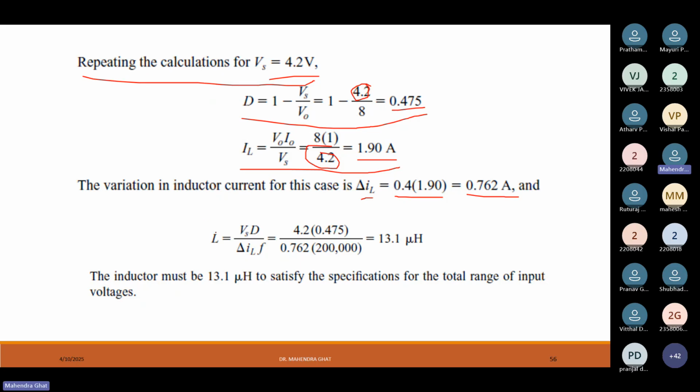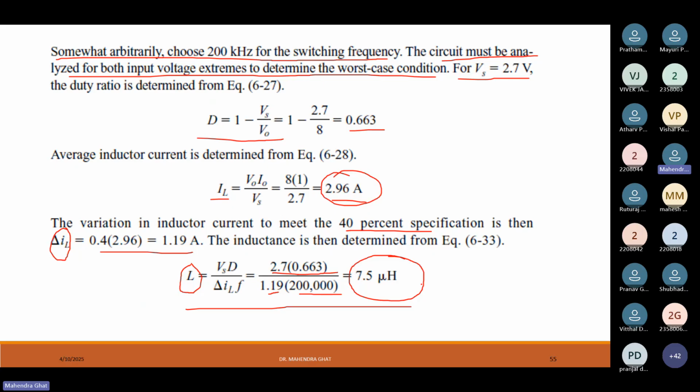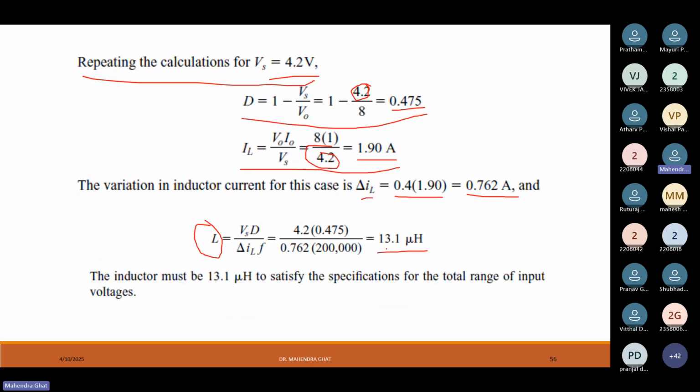If we calculate the L value for this with the same formula and put in all these values, we get 13.1 microhenry. In the previous case it was 7.5 microhenry, and here it is 13.1 microhenry. This is the worst case design, so we have to take this value.